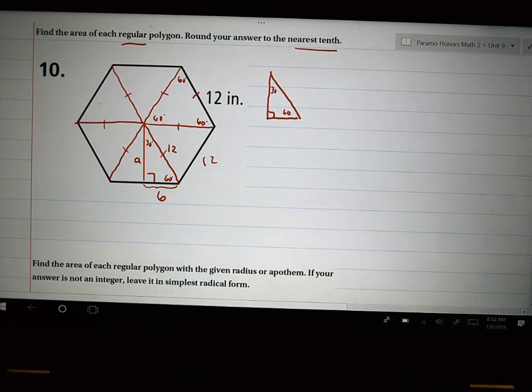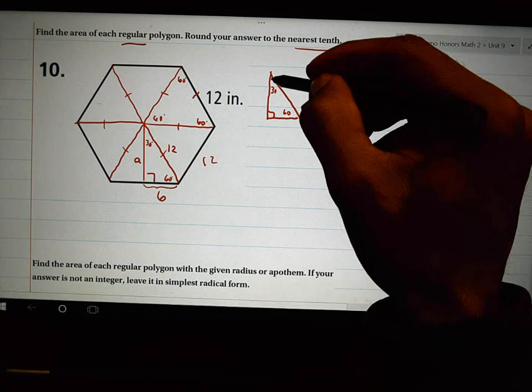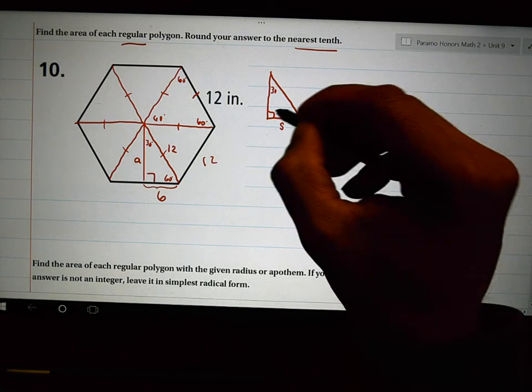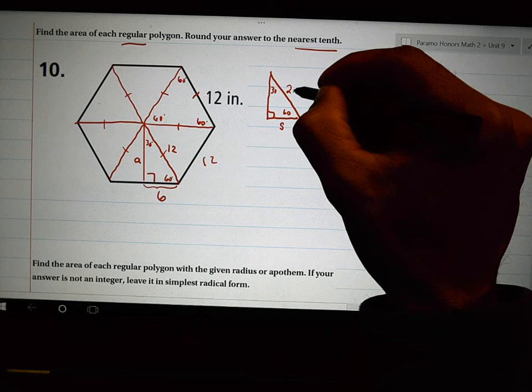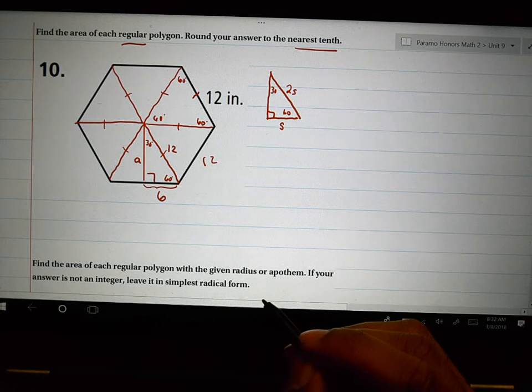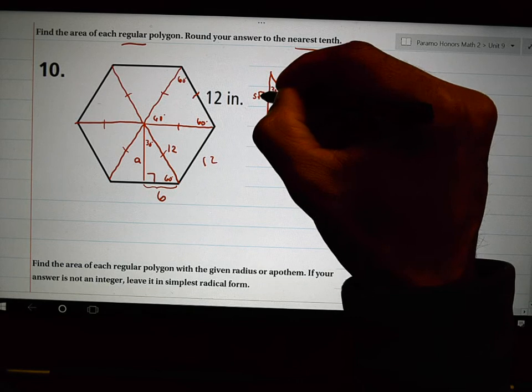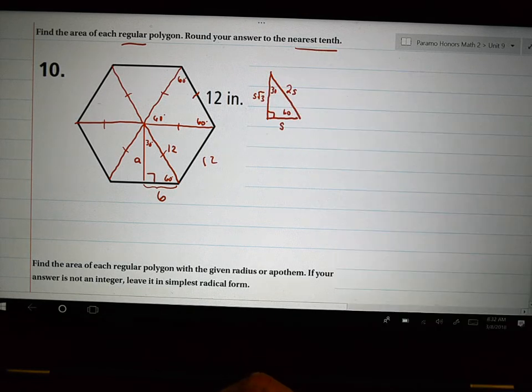When we learned this way back when, across from the 30 was S. Across from the 90 was 2S. And across from the 60 was S root 3. You will be using that quite often this unit.